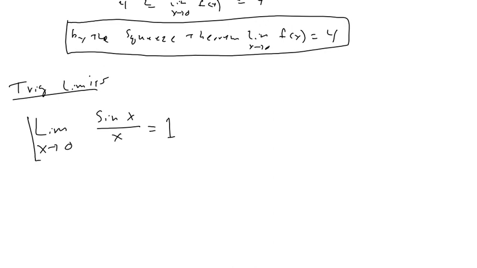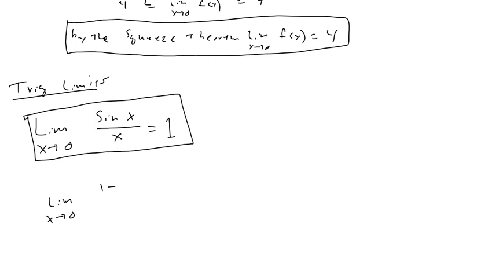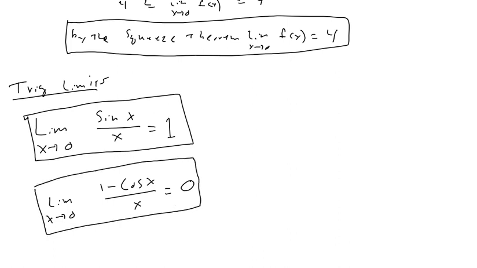That is one of them. The other is that the limit as x approaches 0 of 1 minus cosine x over x equals 0. These are the two key trig limits that you need to know.